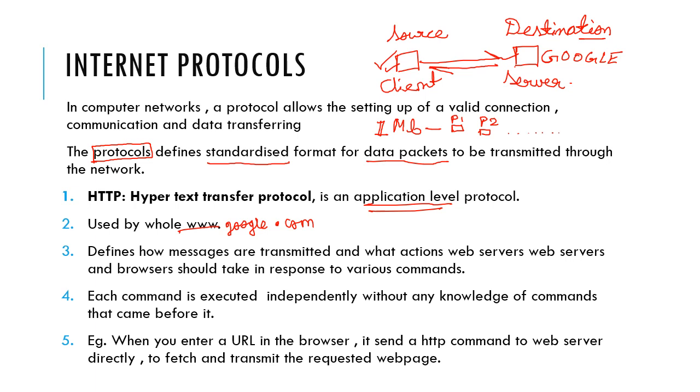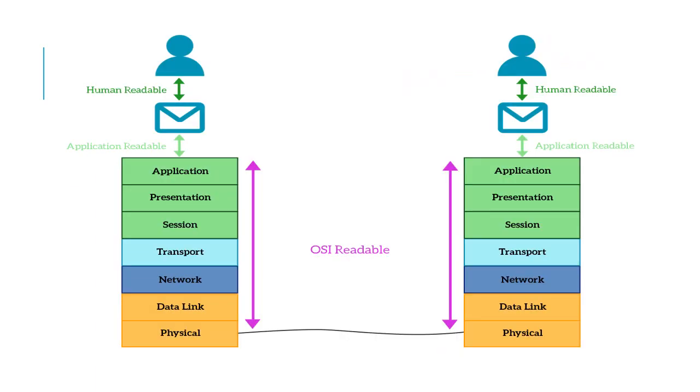When you enter a URL in a browser, it sends an HTTP command to the web server directly to fetch and transmit the requested page. I had already given you this example of google.com. You enter the URL www.google.com, and it is sent as an HTTP command to the web server of google.com directly to fetch and transmit the requested web page.